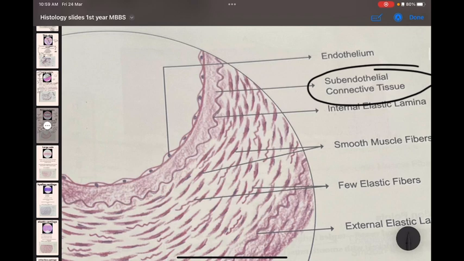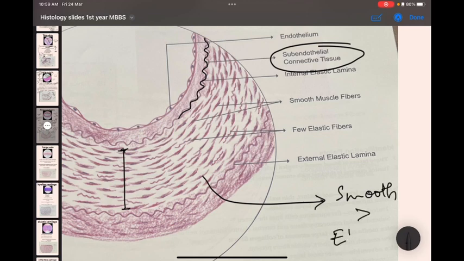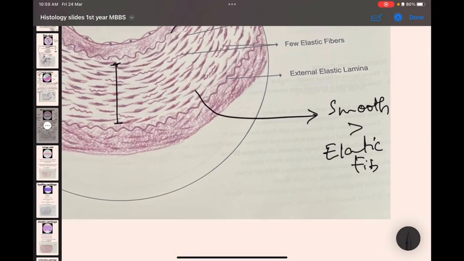Okay, and then we have a prominent internal elastic lamina. The next layer is the tunica media, which is again the thickest. But in this medium-sized artery, smooth muscles are more compared to elastic fibers. Done.